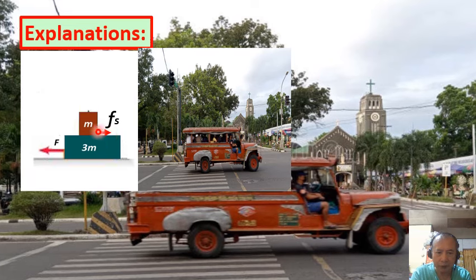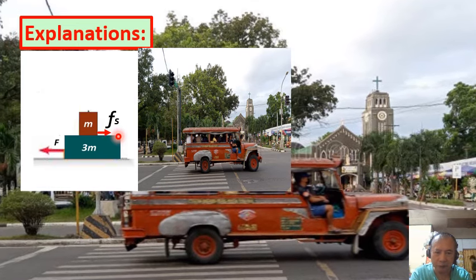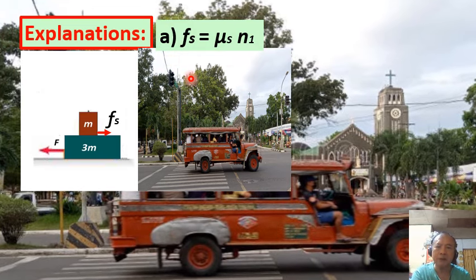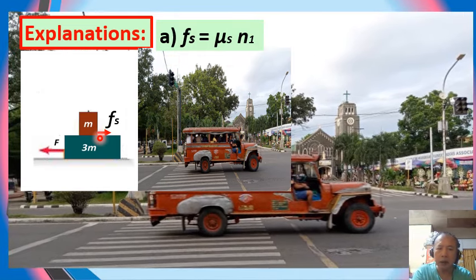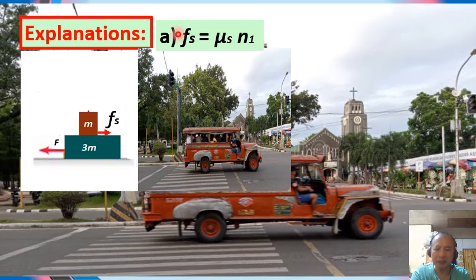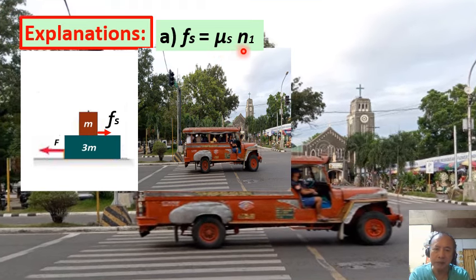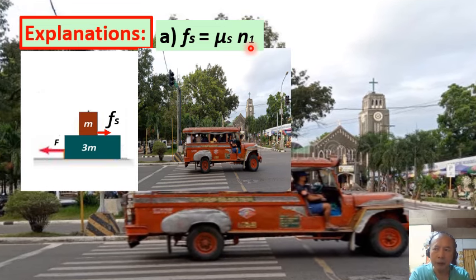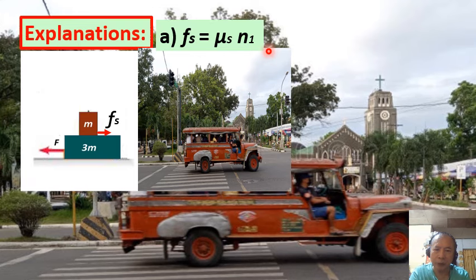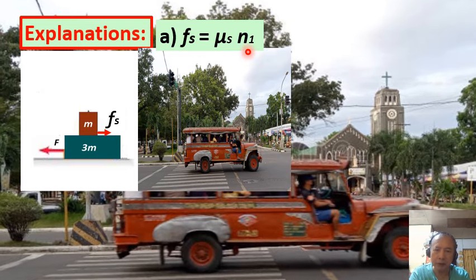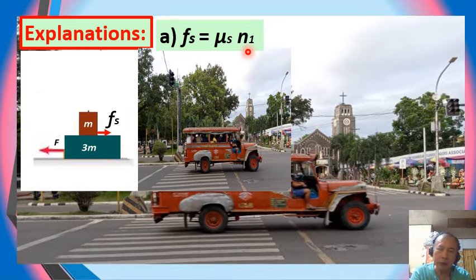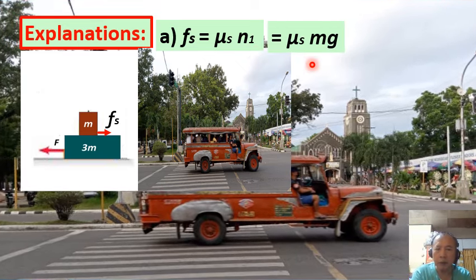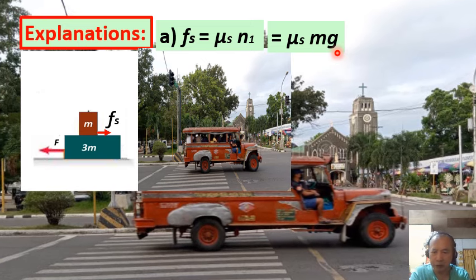So this static friction can be expressed as the product of the coefficient of static friction between the surfaces of the two boxes, that is mu sub S, multiplied by the normal reaction force N sub 1, where this normal reaction force N1 is just equal to the weight of the smaller box, equal to mg.